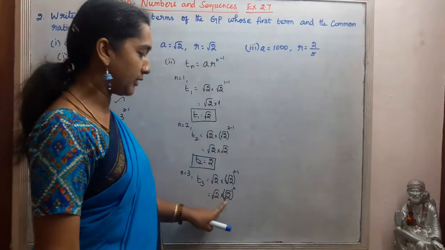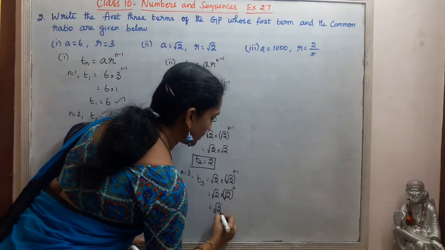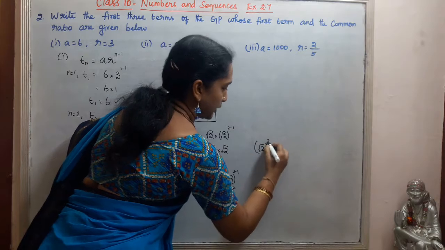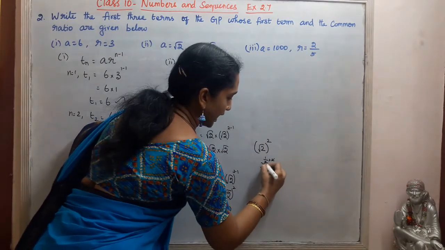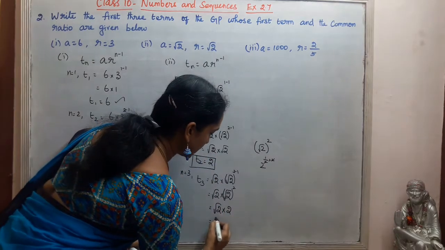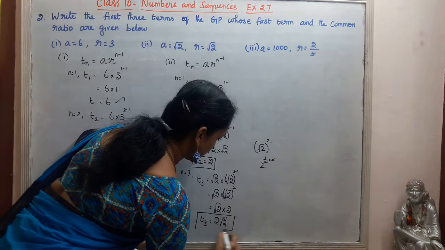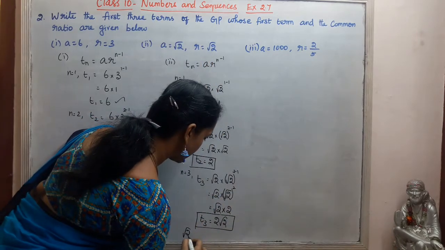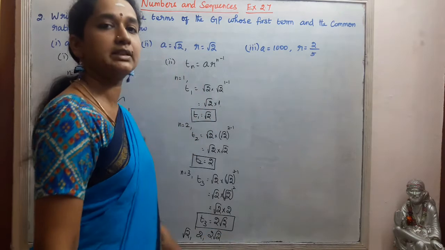Root 2 whole power 2 is 2 power 1 by 2 into 2, that is 2. So we will get root 2 into 2. So the answer is 2 root 2. So this is T3. So the first 3 terms of the given sequence are root 2, 2 and 2 root 2. These are the first 3 terms.